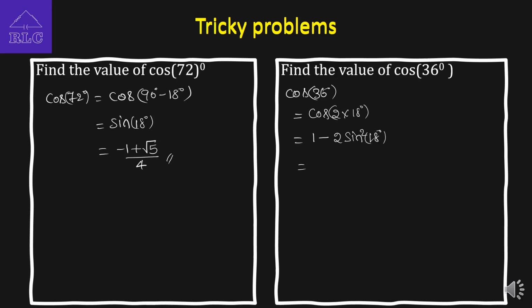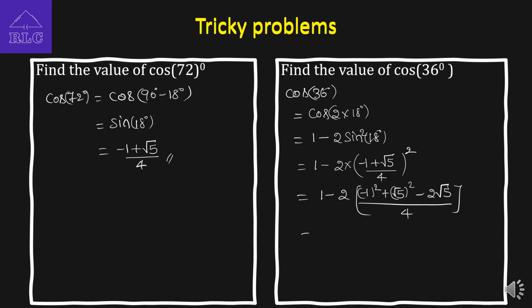Okay, so which is nothing but 1 minus 2 into (minus 1 plus root 5 divided by 4) whole square, which is the value of sin 18 squared, equal to 1 minus 2 into, if we expand this, minus 1 square plus root 5 whole square minus 2 root 5 divided by 4.